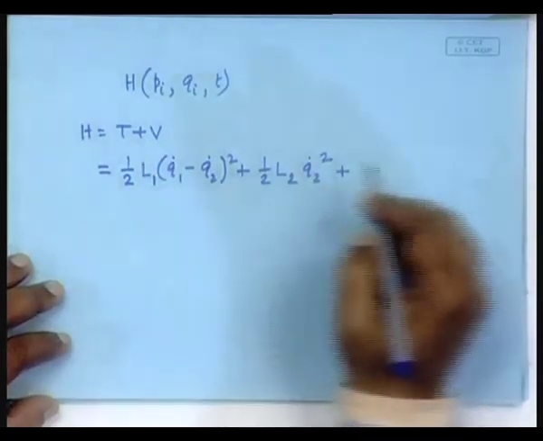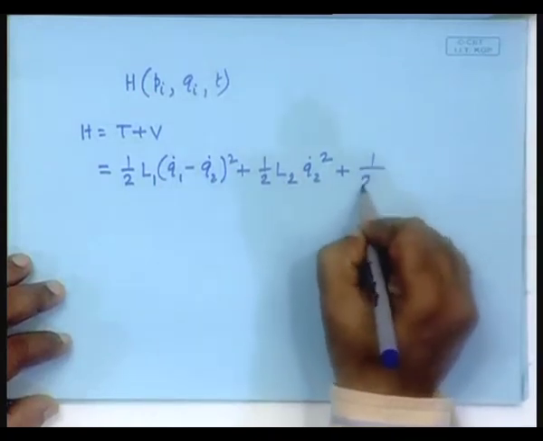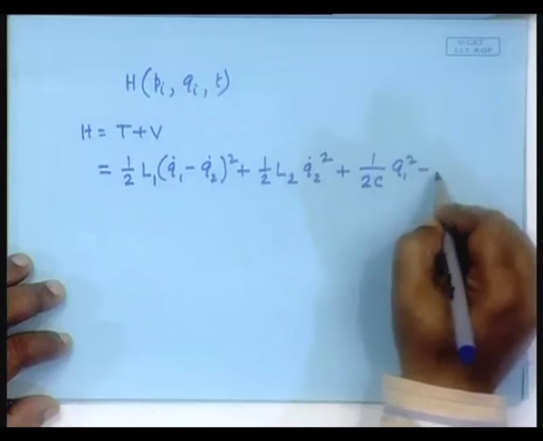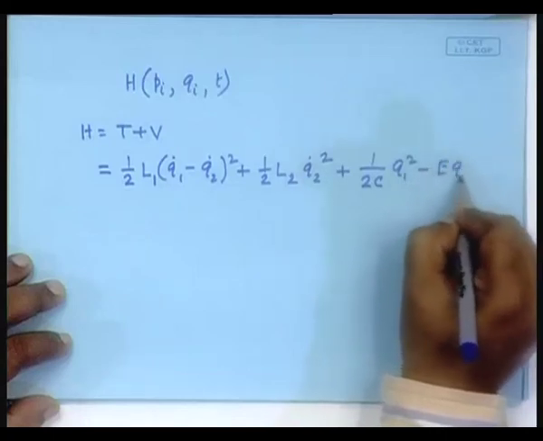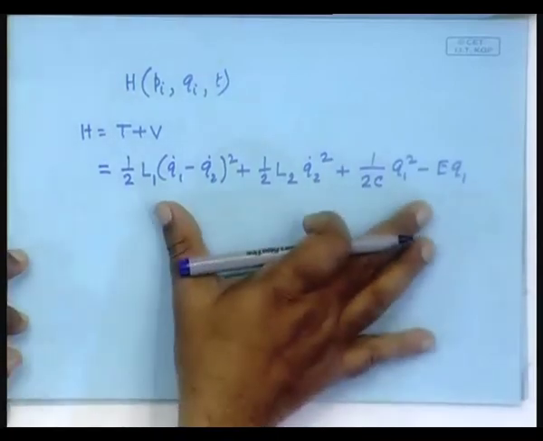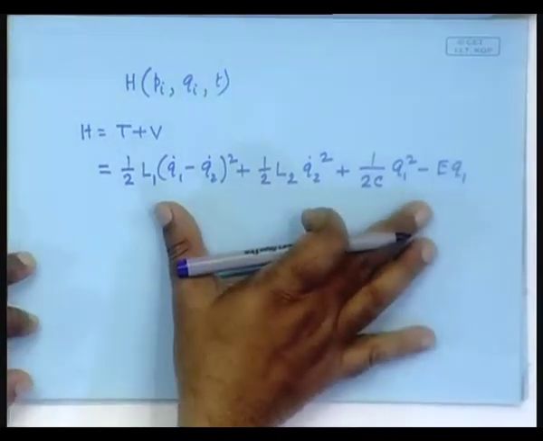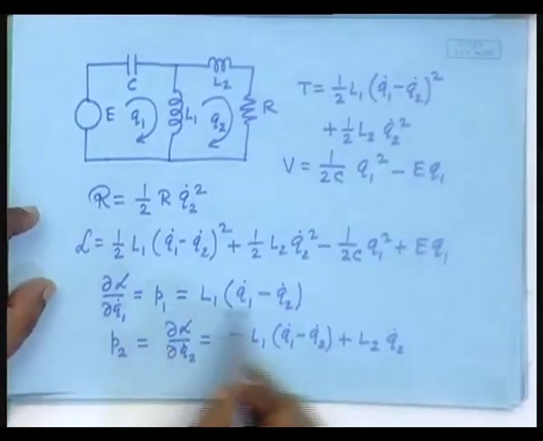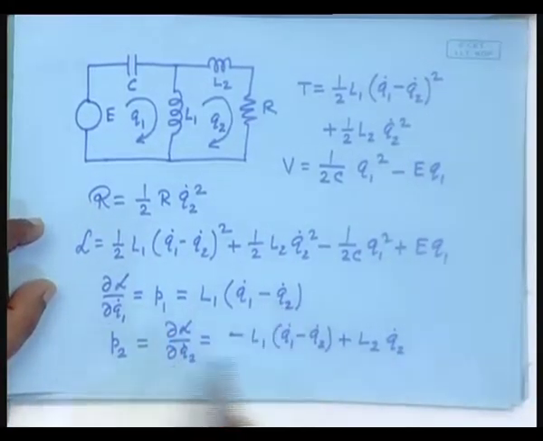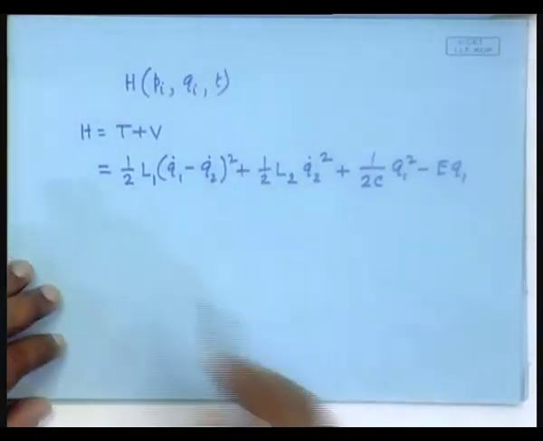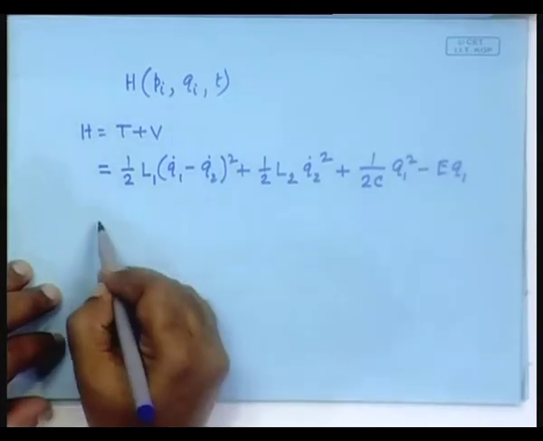Remember, T plus V: 1 by twice C Q1 square minus E Q1. Now, we need to express this in terms of the Pi's. We had already obtained the relations, so we can substitute.